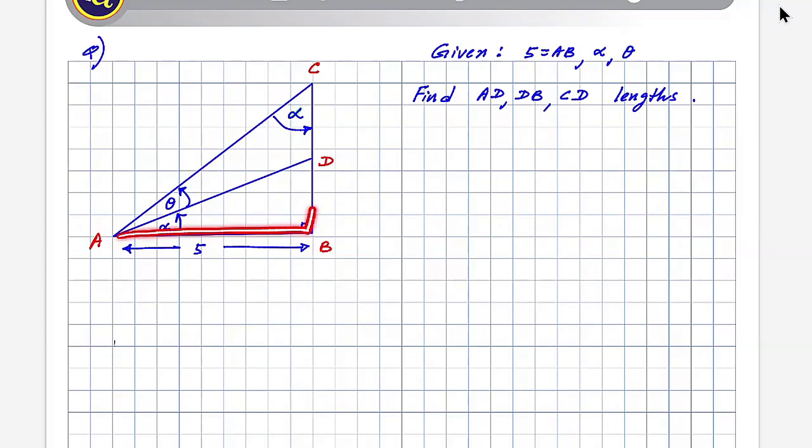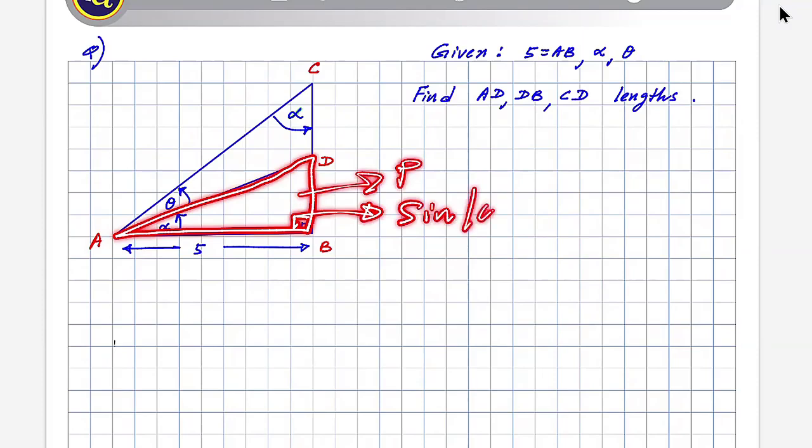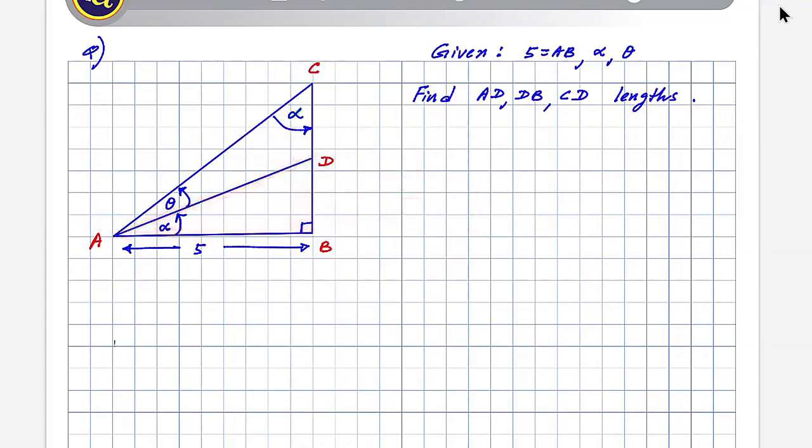If you think about this inner triangle, it's a right angle triangle. If you have a right angle triangle, you can use Pythagoras theorem, you can use SOH CAH TOA, sine cos tan, you can do many things. Outer one also right angle triangle. So this is outer, this is inner right angle triangle.